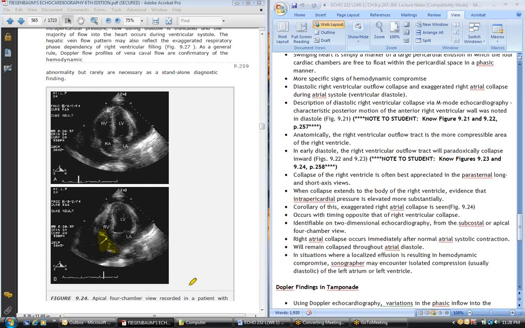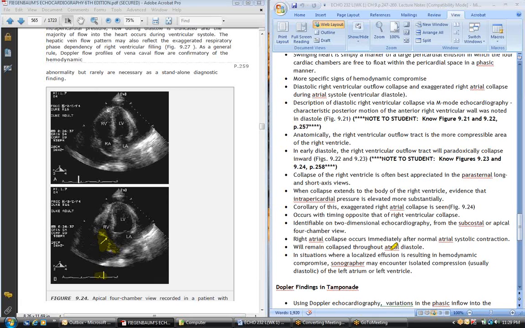So it would be in systole on the EKG, if you'll notice down here, systole on the EKG. Identifiable on two-dimensional echo from both the subcostal or apical four-chamber view. Right atrial collapse occurs immediately after normal atrial systolic contraction. It will remain collapsed throughout atrial diastole. So you've got filling problems because of the pressure.